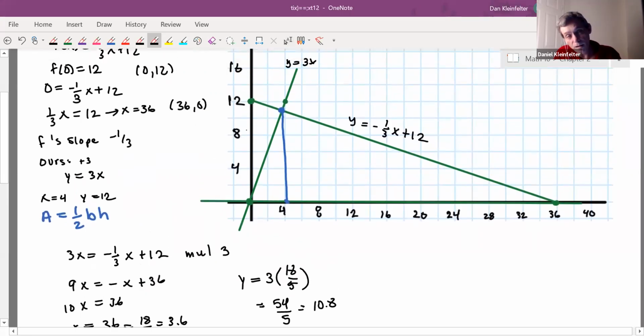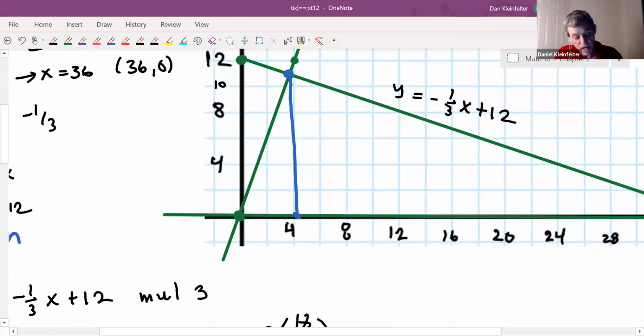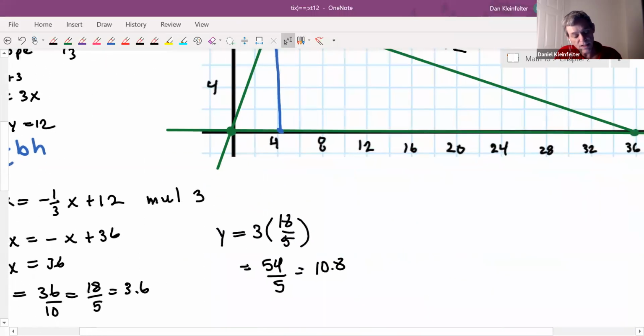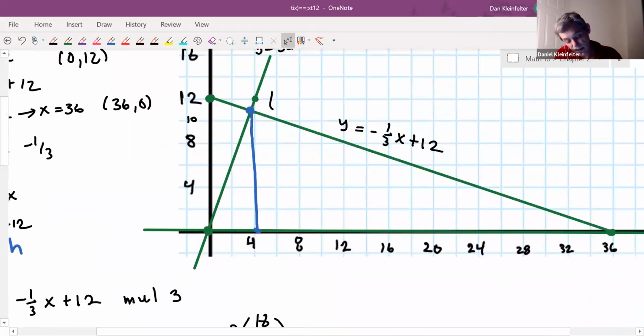And so here my axis scales are such that each box is worth 2. So that's 10. It looks like it's about halfway between 10 and 12, so it's probably just a little shy of 11, which is what we wanted. So the height on this triangle works out to be 54/5.